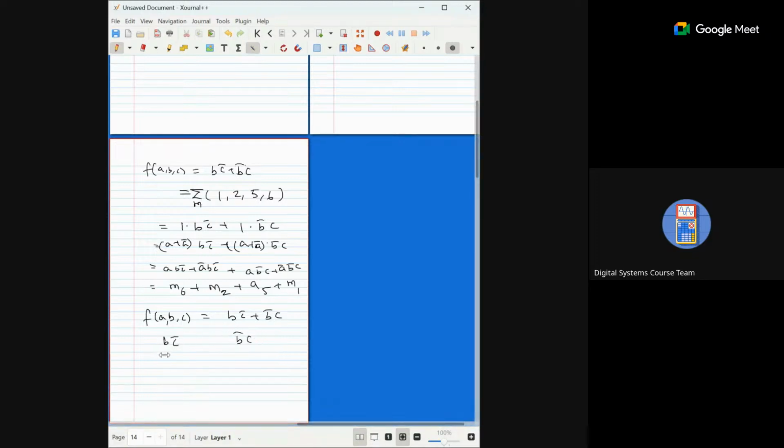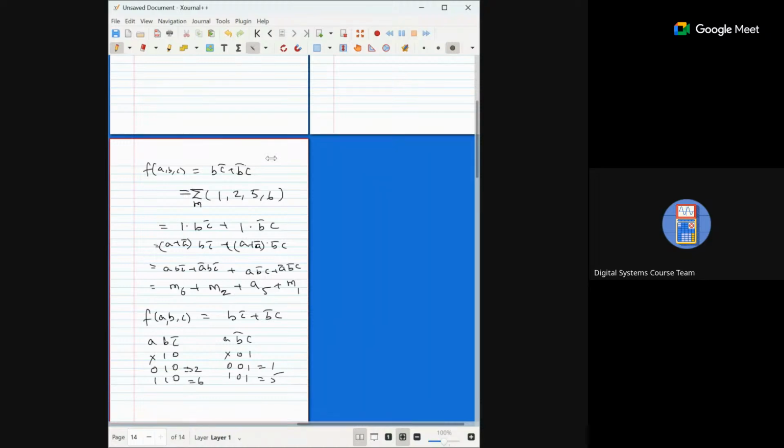So B is 1, C is 0; B is 0, C is 1. The remaining variable is only one that I don't know, which can be represented as either 0 or 1, and the other two are fixed. So this is equal to 2, 1, 6 and 5.